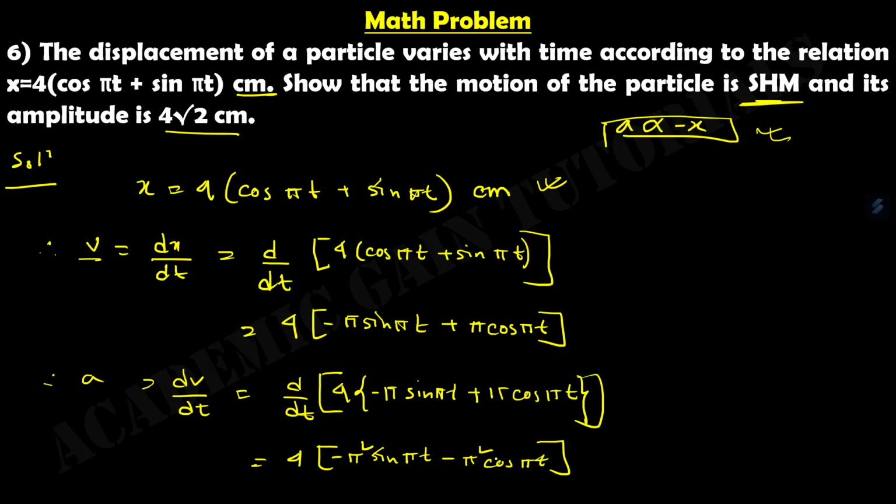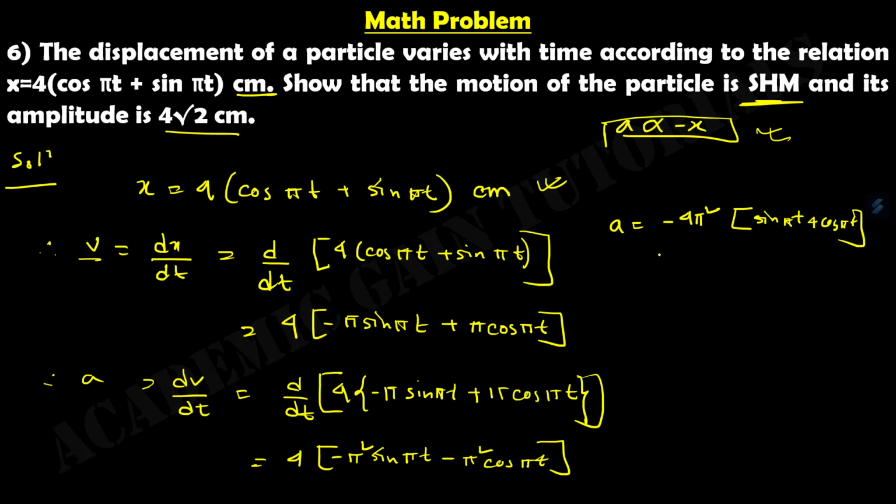So I will get a equals minus 4 pi square times sine of pi t plus cos of pi t.